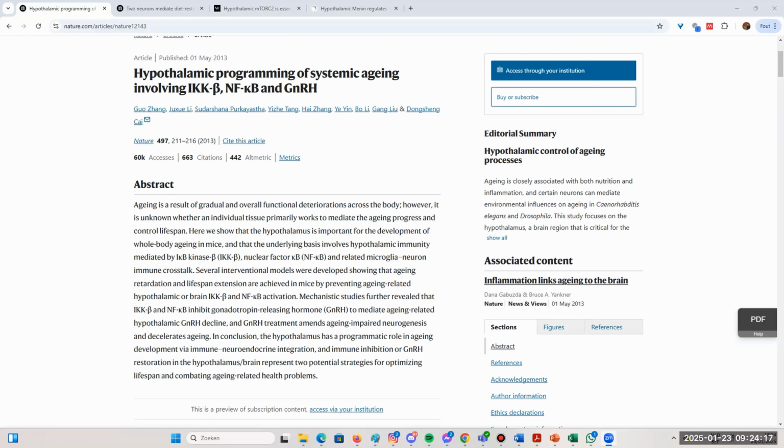And get this, PGC1A and NFKB, I'm going to put this in slang. I'm certain I'm not going to express this in a completely technically correct way.